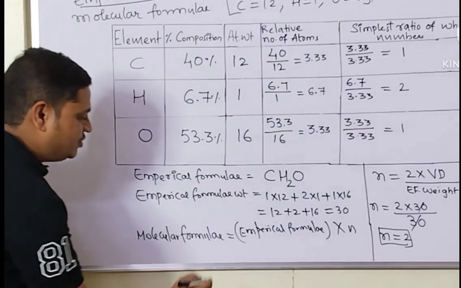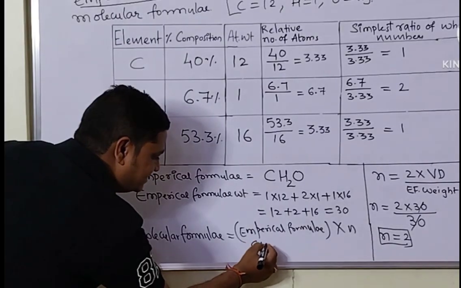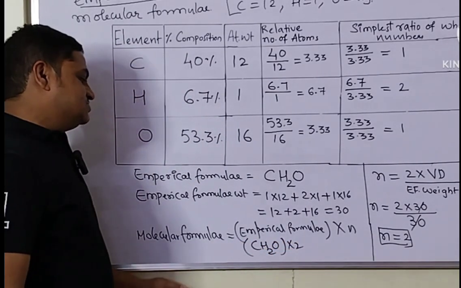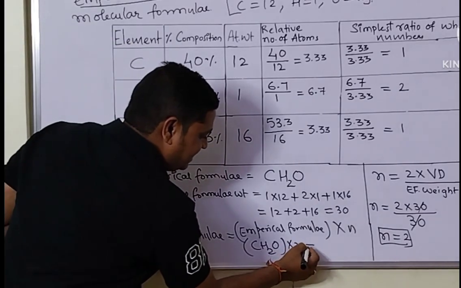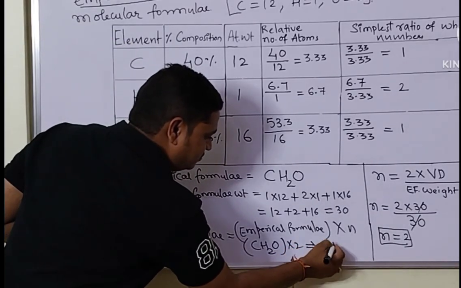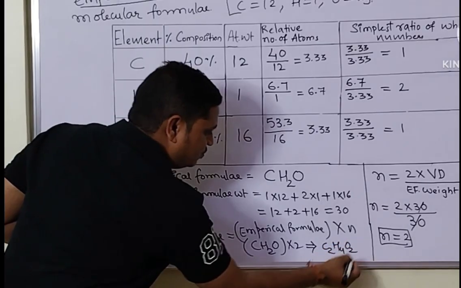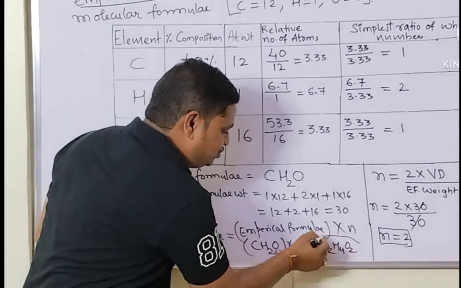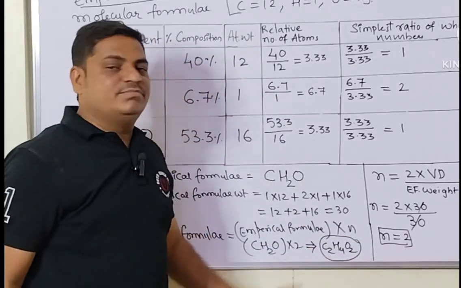What is your empirical formula? That is CH2O. If I multiply by 2, I get C2H4O2. So this is your molecular formula.